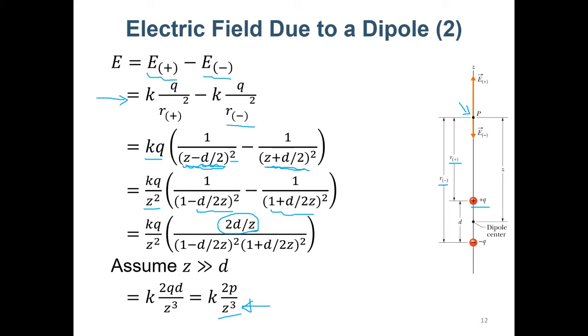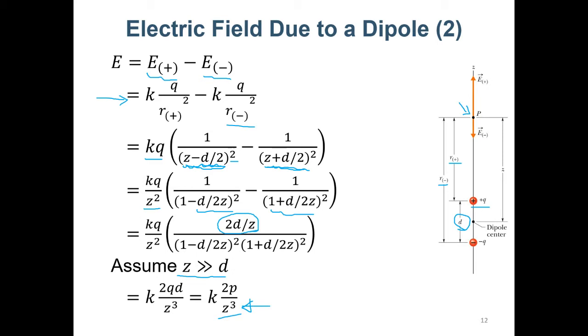So finally, we assume that z is much larger than d. Which makes sense because for a dipole, d is usually very, very small, and we are concerned with points much farther away.